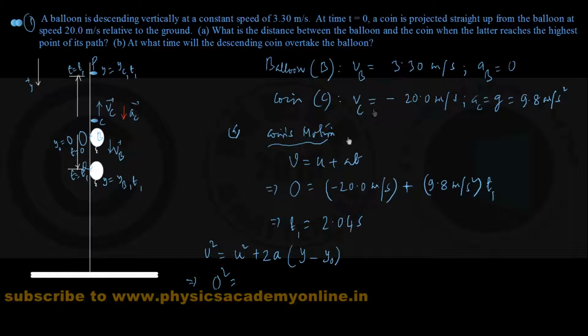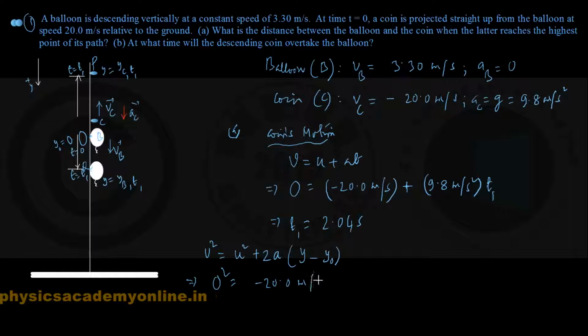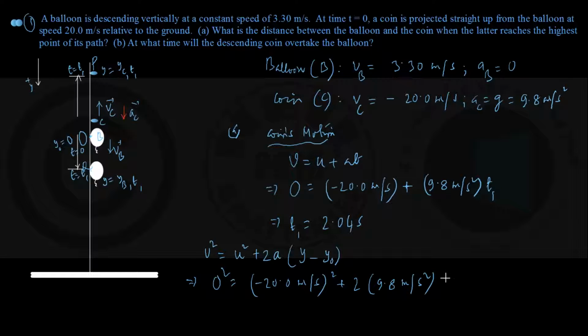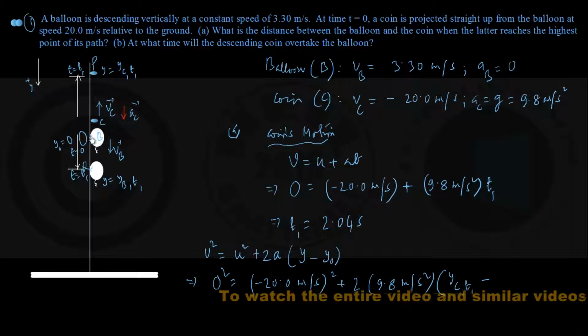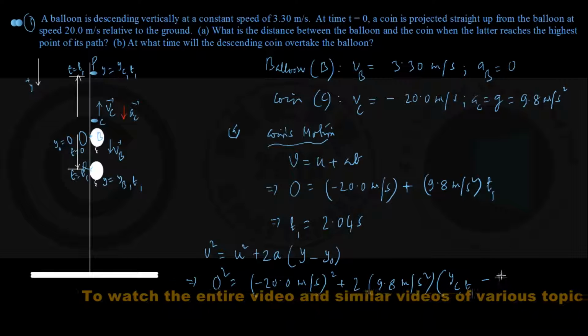U, here written already, minus 20.0 meters per second whole squared, plus twice acceleration 9.8 meters per second squared, and there the position coordinate, finally, is named yc at time t1, minus y0. This y0 must be equal to 0 because this is the point of launch, isn't it? The point O here, and that is 0.